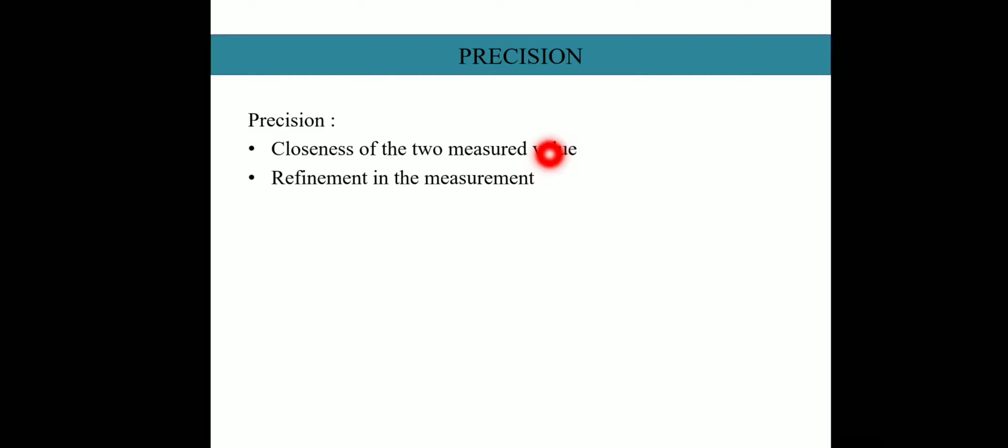If the values measured using the scale are very close, very near to each other, then we say our measurement is precise, or it has precision. Also, precision is known as refinement. Refinement means every time the values keep coming close to each other. That is what is known as the refinement process.